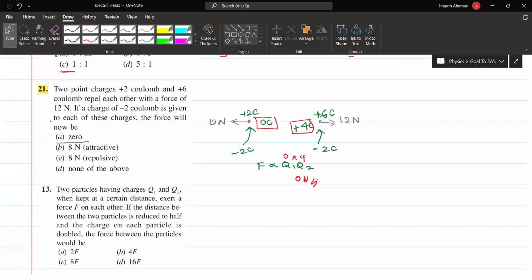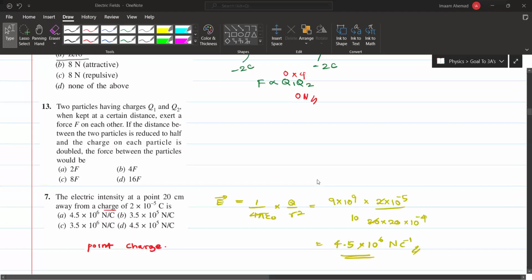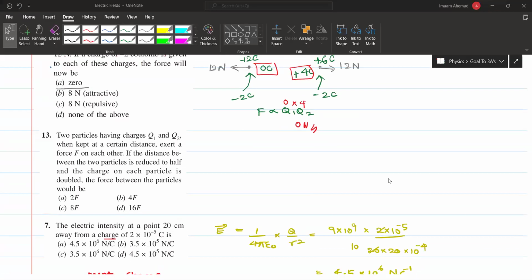Okay, question number 13. I have got multiple answers. Some say it is C, some say it is D. Some say it is A. How about the others?